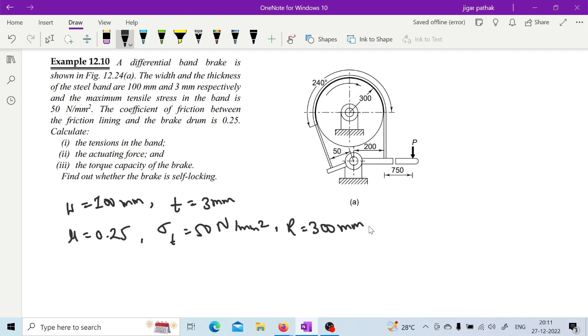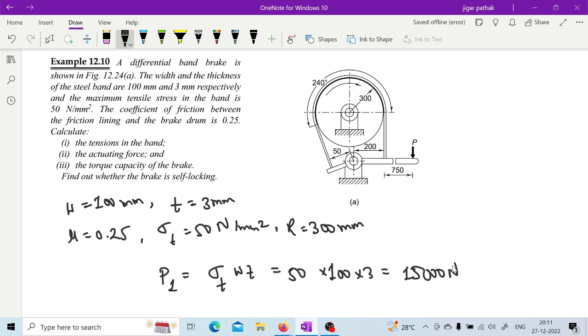From this, first you can calculate P1, the tension in the band, which is given by stress into area, w into t. So straight away, 50 into 100 into 3. Yes, sir, 15,000 Newton.